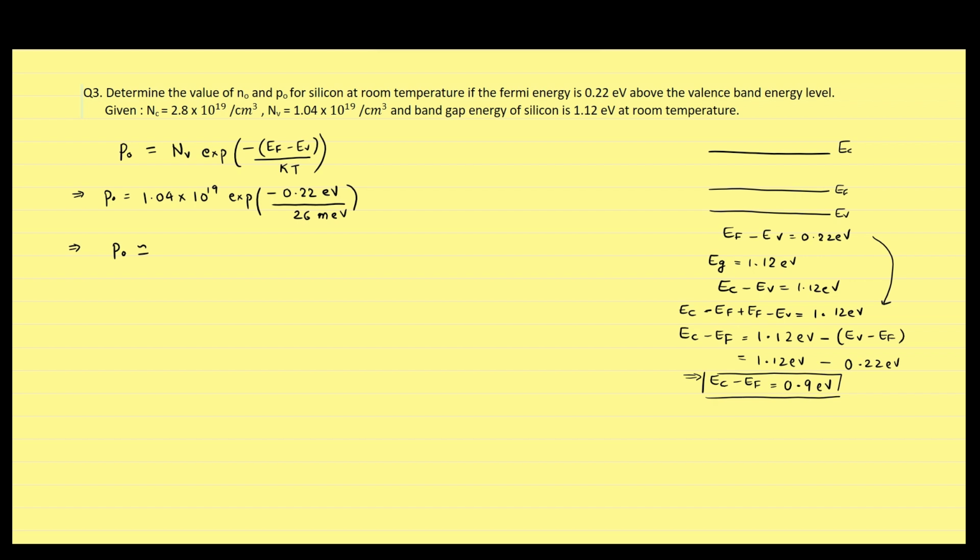After calculation, the hole concentration comes out to be around 2.19 into 10 to the power 15 per centimeter cube.